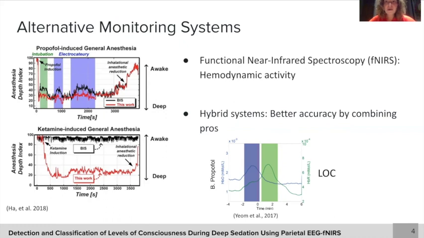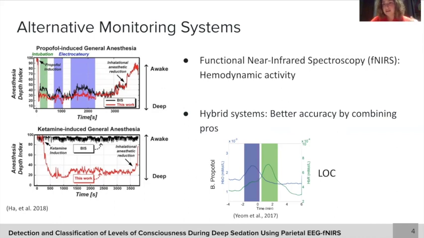So with this, we can think of alternative and enhanced monitoring systems. For example, we can think of other ways of measuring loss of consciousness or levels of consciousness. One example of that is measuring the hemodynamic activity. This can be measured with different kinds of measurement systems, but one of them is functional near-infrared spectroscopy, or fNIRS, an optical system that measures hemodynamic activity in the brain. And here again, each anesthetic has its own pattern of activity when there is loss of consciousness.